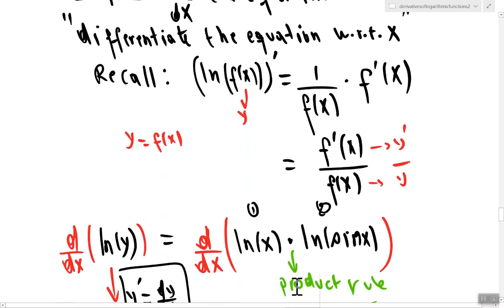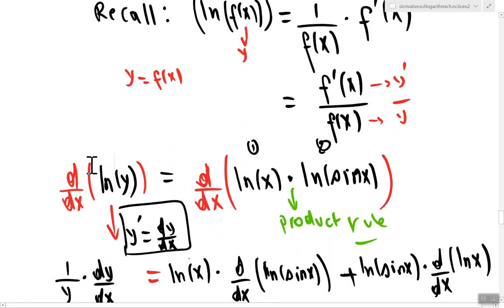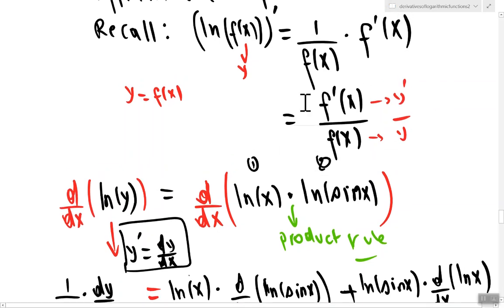So what does it tell you? When you take d/dx of the equation, d/dx of ln of y equals d/dx of ln of x times ln of sine of x. Now, we already know the answer to this part. The answer will be y prime over y. That's what we said here.